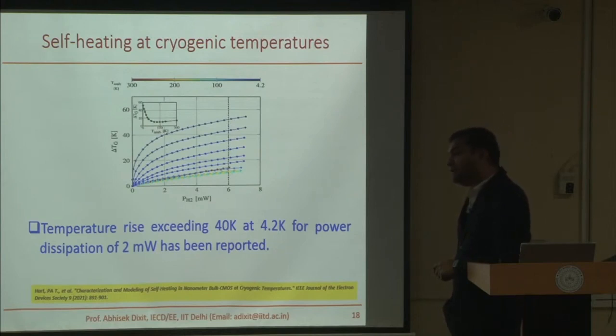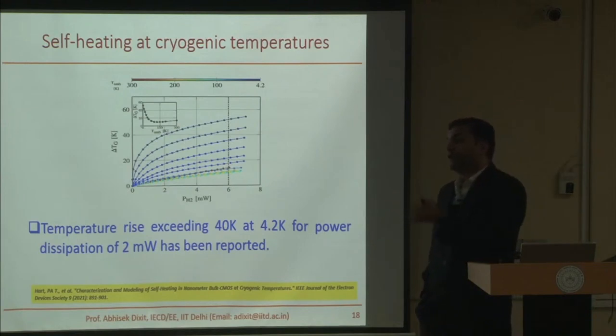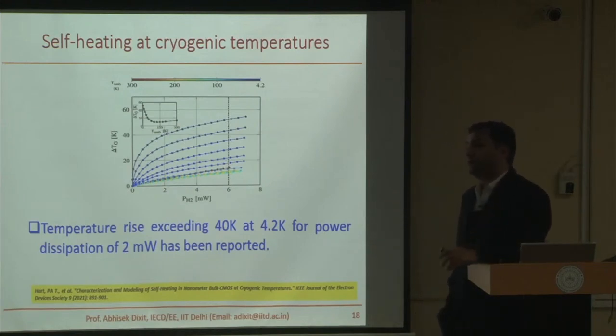But thermal conductivity changes in the cryo range are also not well documented. We know, for instance, what happens to silicon thermal conductivity between room temperature and -40°C, -50°C. But there isn't solid measurement evidence as to what happens at 4 Kelvin. So that data is actually not available.